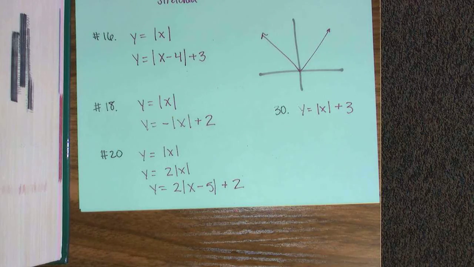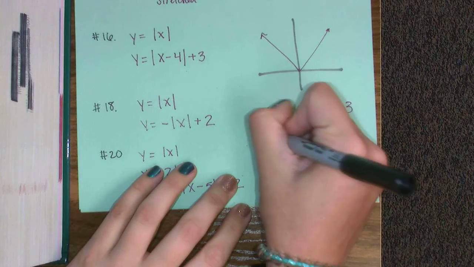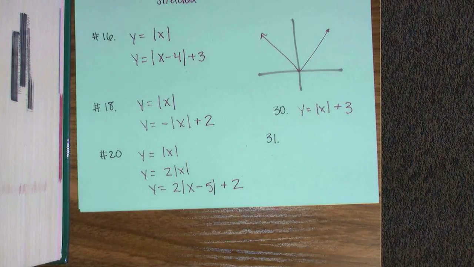Let's look at 31. This will be the last one. Which equation has the graph shown? Try to write the equation and then check and see what letter it is.